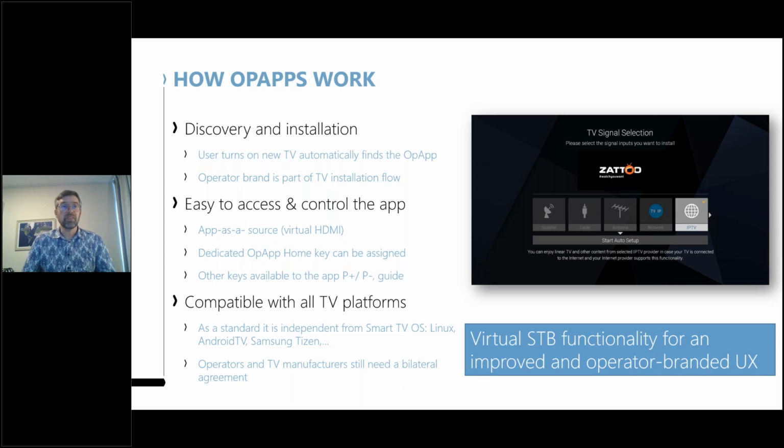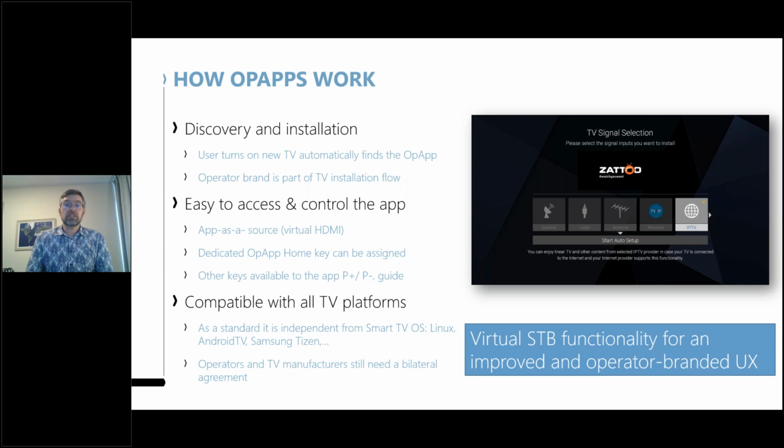the app. And for example, noteworthy is the app-as-a-source behavior with virtual HDMI input, to prevent getting lost in an ocean of apps. Quoting a webinar last week, people can easily find the operator application, and of course use relevant keys to navigate the content, such as the channel up-down keys and a home key, for instance.